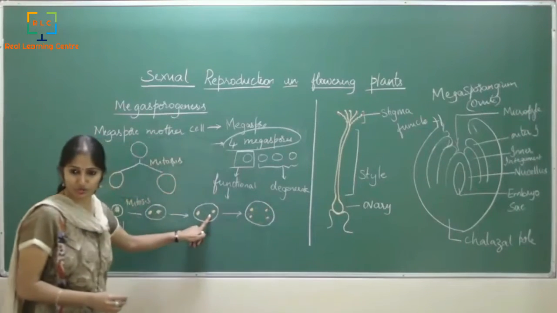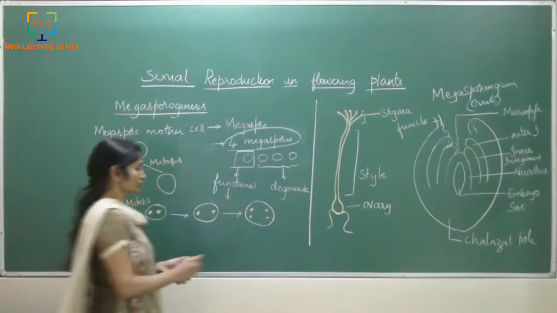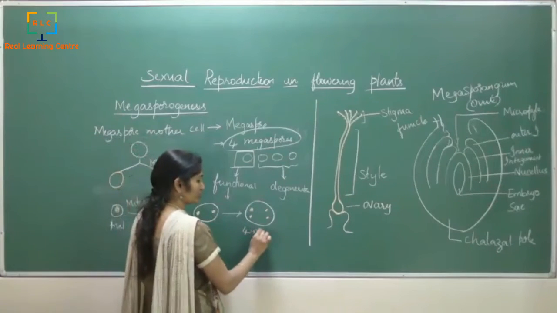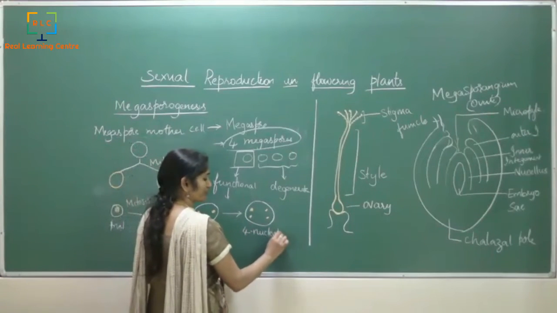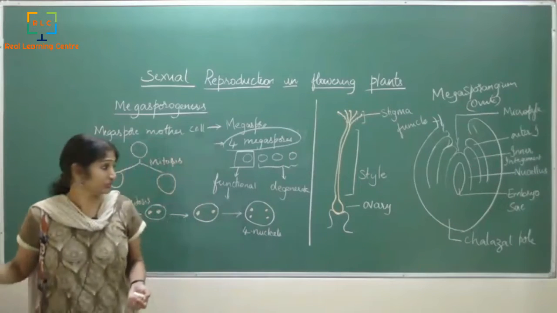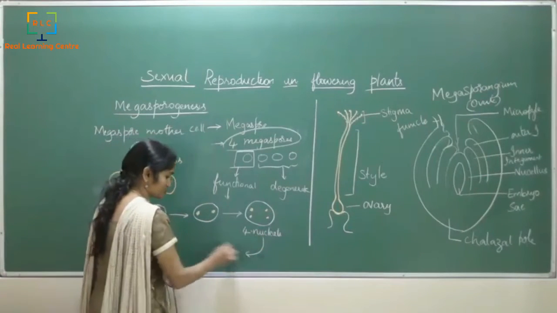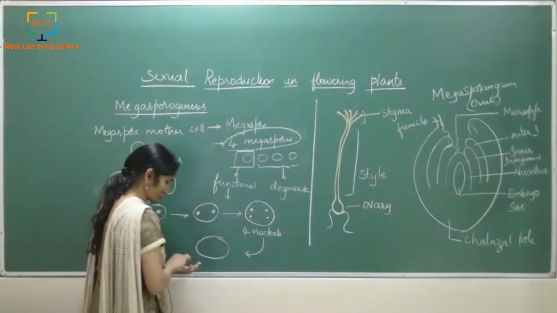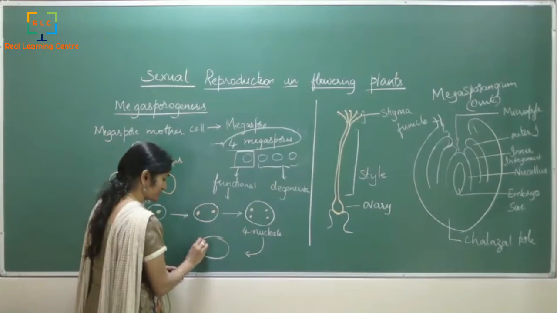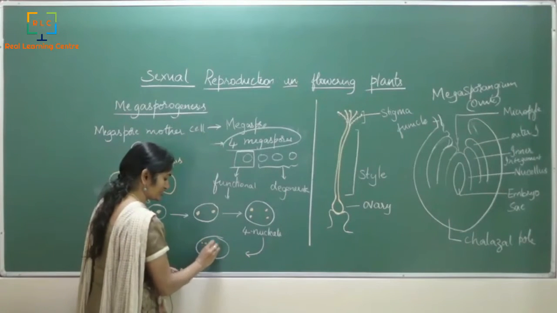This one would divide twice, this one would divide twice. So there is a four nucleate stage. Now from the four nucleate stage, it comes to one more stage, the 8 nucleate stage.